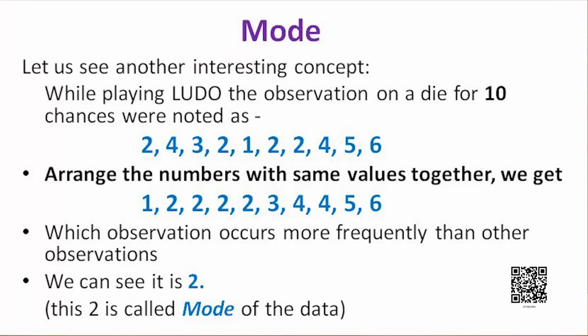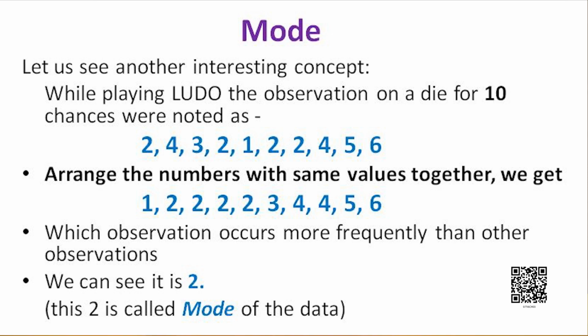Do you play Ludo? Yes, so you play Ludo. What happens? You throw a die and you see the number on the top. We were playing with children, and one of the children noted 10 observations after throwing the die.